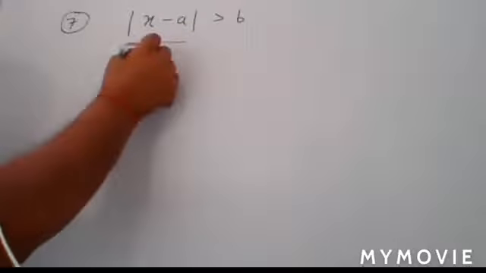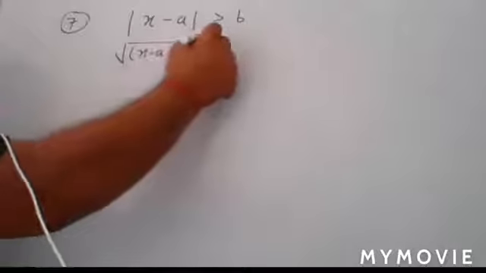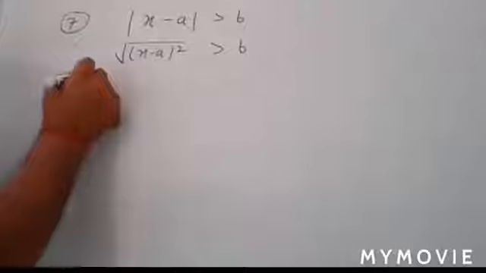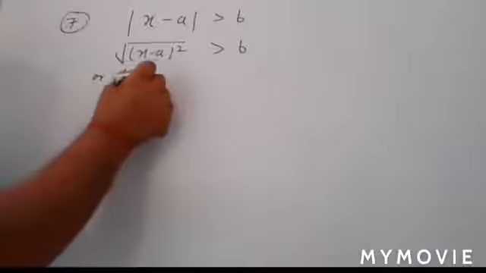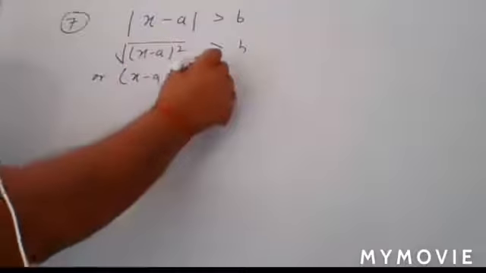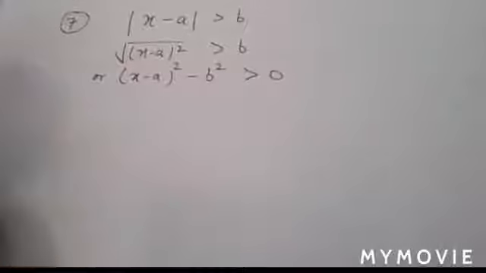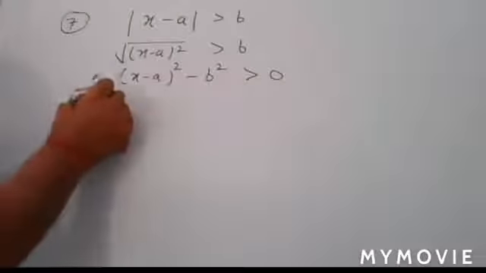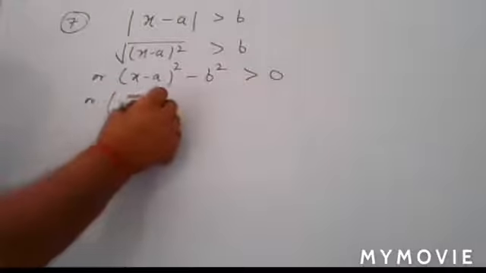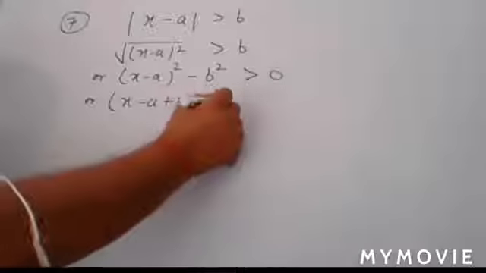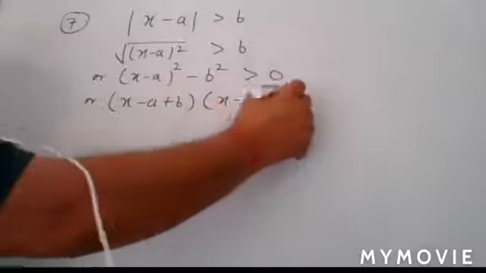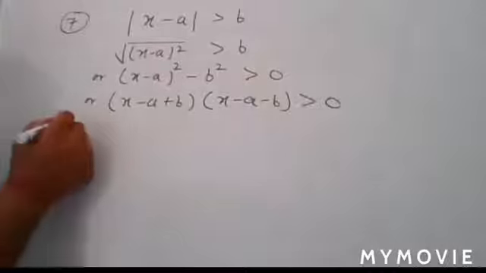Under root x minus a whole square greater than b, or you have x minus a whole square minus b square greater than 0, and factorize it. x minus a plus b, here you have x minus a minus b greater than 0.